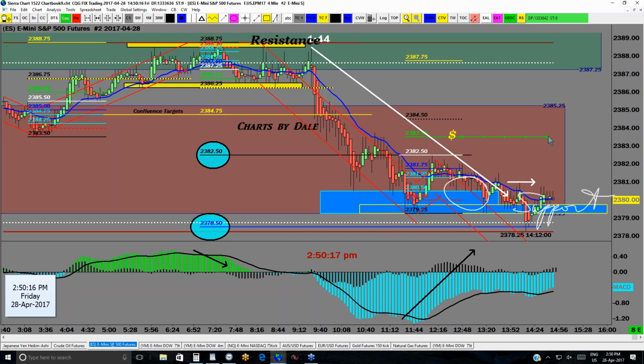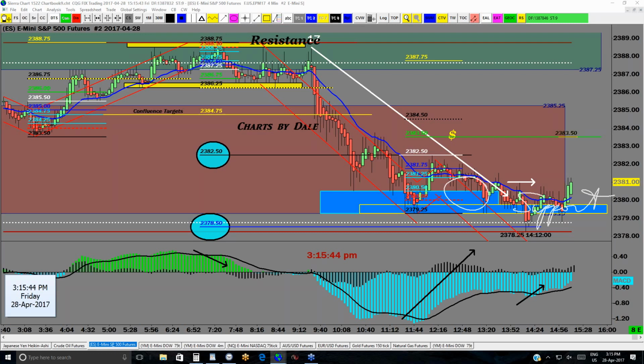Target, once again, 2383.50. It's a little tiny bit hard to see, so I'll just make it a little bit easier to see. Okay, so it is now 10 to 3. We'll come back within, say, half an hour.